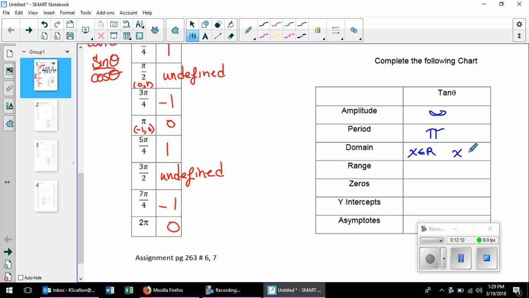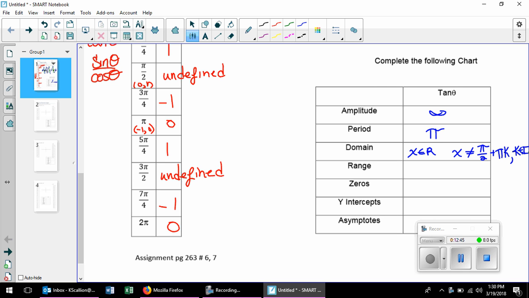Pi over 2 what? I would see k pi. So what does that mean? Right, so you did a general statement for an exclusion of x. But you couldn't just put pi over 2 because I had asymptotes every period, right? So that's what this is saying.